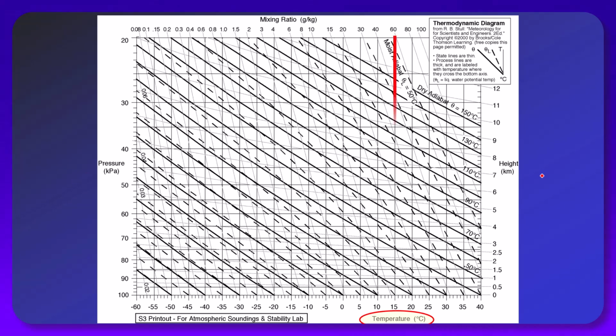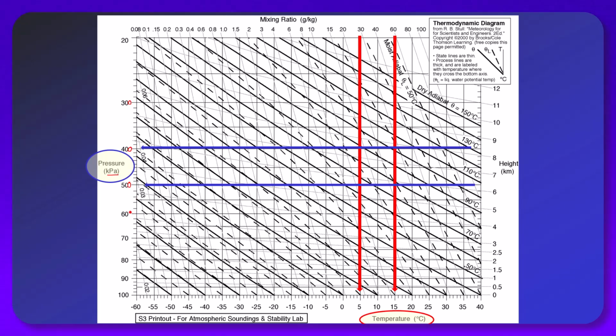The vertical lines join points that are at the same temperature, and they're called therefore isotherms. The horizontal lines join points that are at the same pressure. The pressure scale is on the vertical axis, the y-axis. It's in kilopascals, but we already know that we just need to add a 0 and we get the actual atmospheric pressure in millibars.